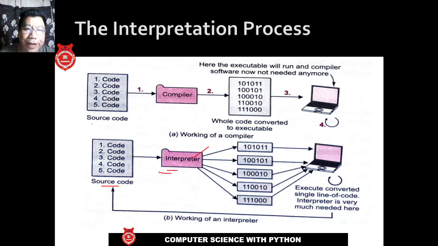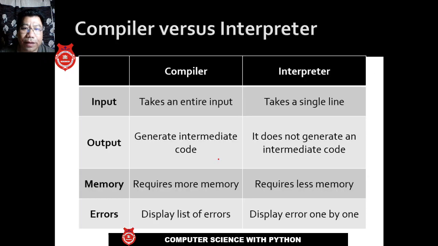In compilation, all the source code is compiled at once. If there is an error, no executable code is produced. If there is no error, code will be produced. But in the interpretation process, if there are multiple lines of code, all the lines which do not have errors will be interpreted and converted, but if there is an error, it's not possible. So it is line by line.